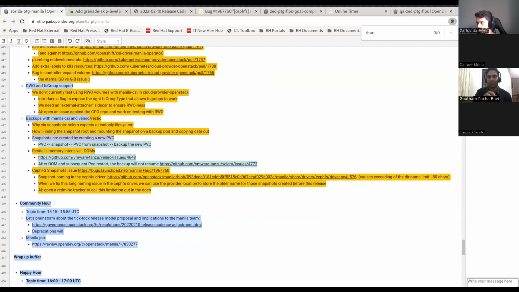We still had a one cycle deprecation understanding in the community. That was part of the stable policy as well, that we would not deprecate and remove something between releases unless we have first gone through this one cycle deprecation.